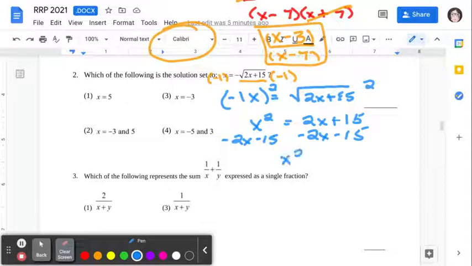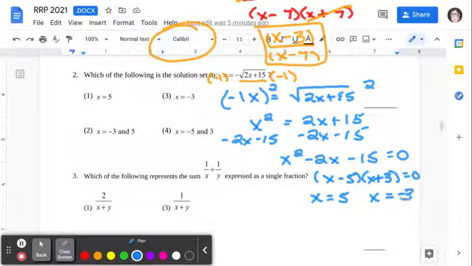So here I have x squared minus 2x minus 15 equals 0. It's a trinomial, so I can factor. I could also use the quadratic formula. Two numbers that multiply to negative 15 and add up to negative 2 are negative 5 and positive 3. Whoops, I forgot the x there. Set both factors equal to 0, and you get x equals 5 and x equals negative 3.